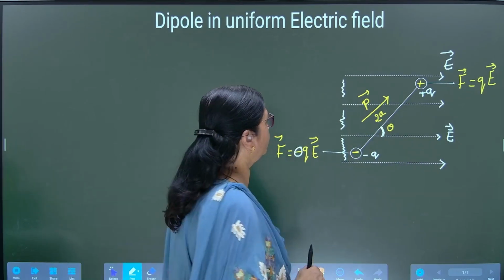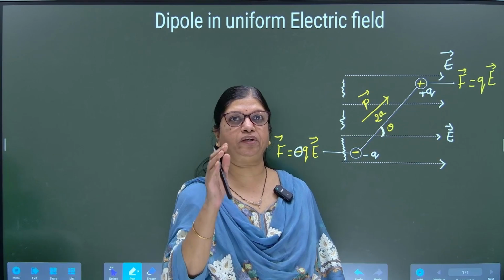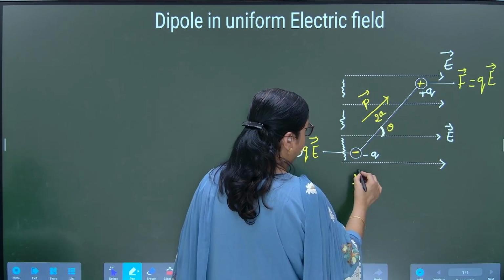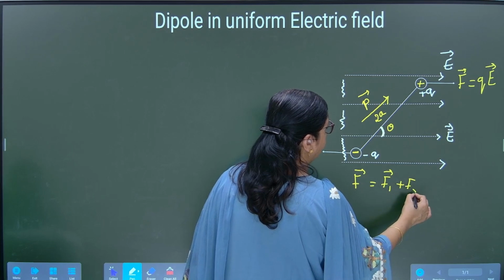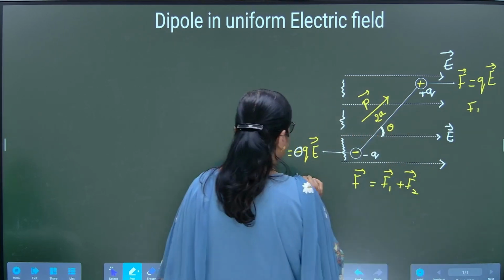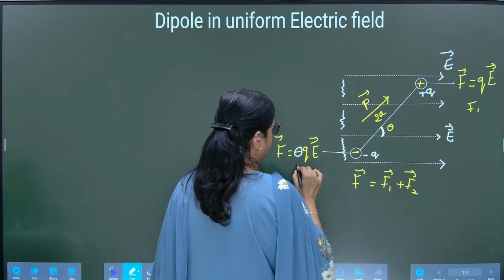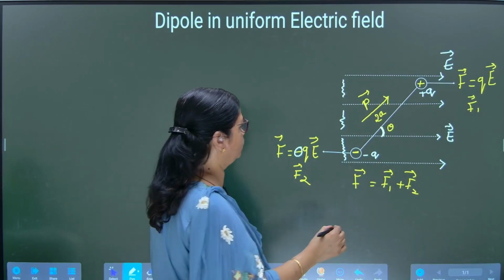So the total force acting on the dipole placed in a uniform electric field is given by F is equal to F1 plus F2, where I have just named this F1 and this F2.